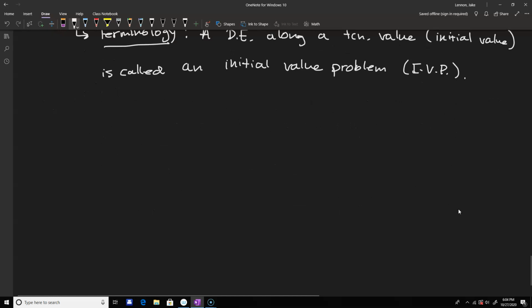So solving these will amount to doing the same thing we were doing, but in the end plugging in to find the value of the constant in question. So let's go ahead and look at that.